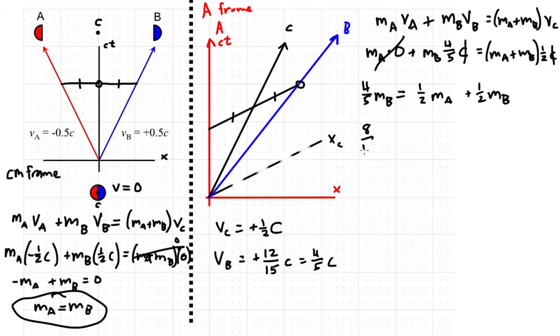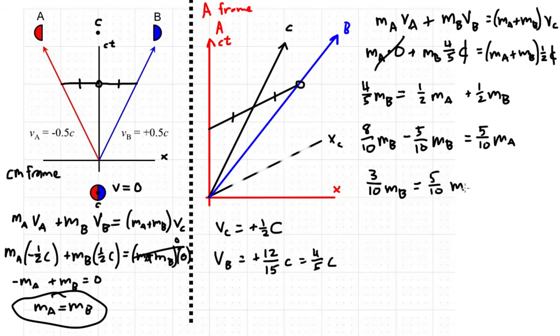So I'm going to go 8/10 MB on the left-hand side, and on the right-hand side, we have 5/10 MB, so I'm going to subtract that over: minus 5/10 MB equals 5/10 MA. Now on the left-hand side, we get 3/10 MB equals 5/10 MA. And finally, we get MB equals 5/3 MA.